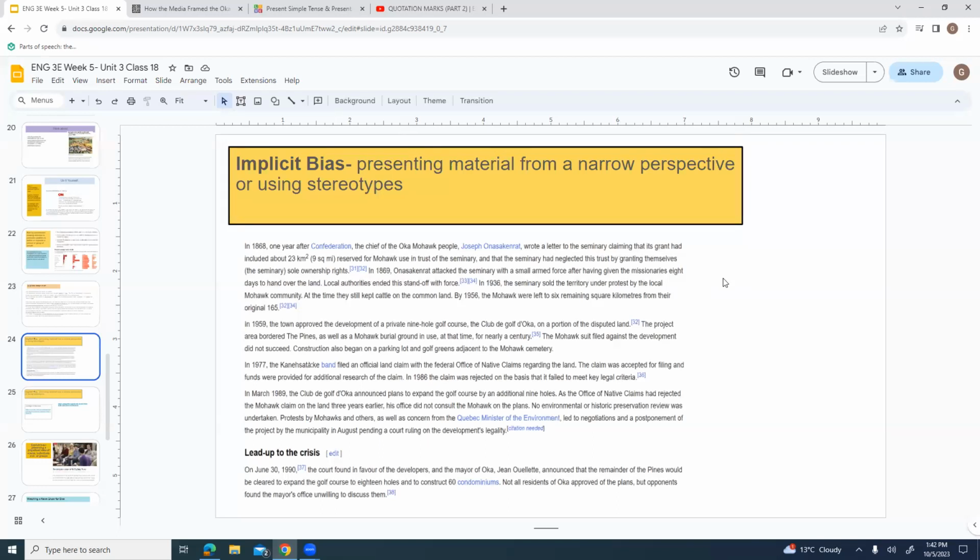In 1936, the seminary sold the territory under protest by the local Mohawk community. At the time, they still kept cattle on the common land. By 1956, the Mohawk were left with 6 remaining square kilometers from their original 165.